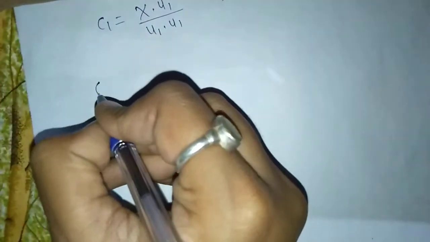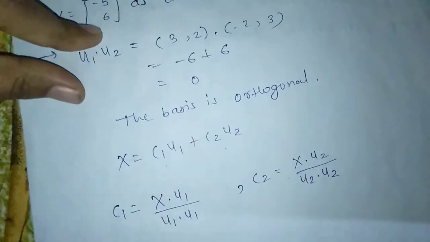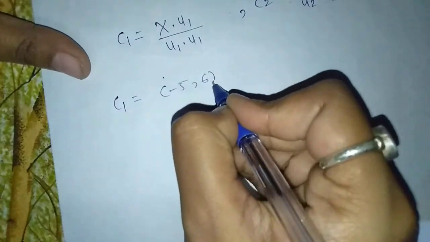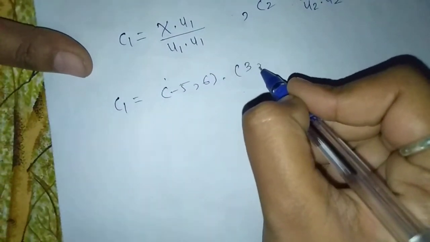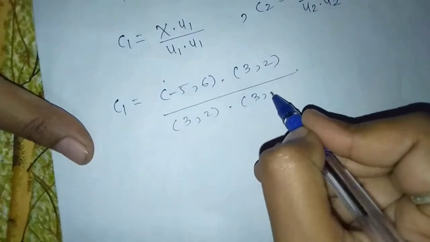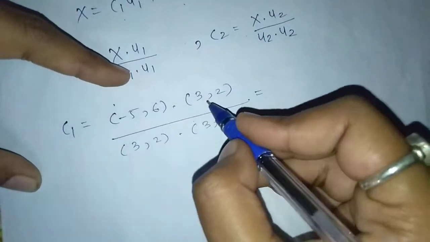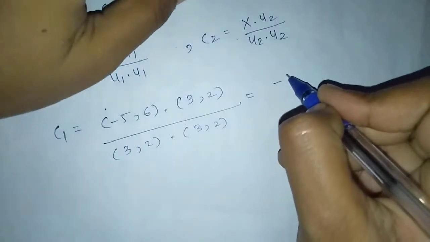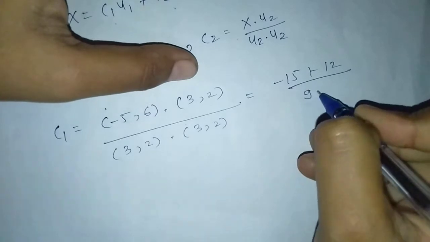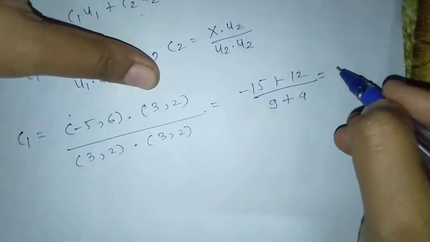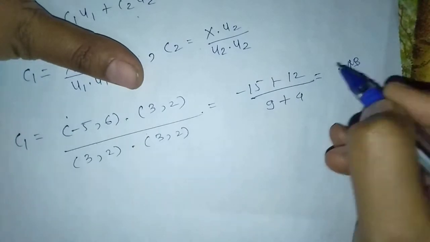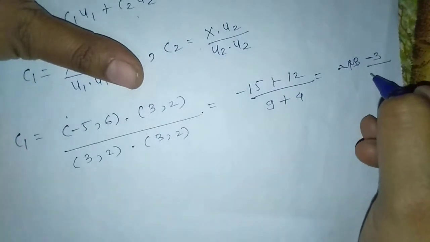So first calculate c1. x is (-5, 6) dot u1 is (3, 2) upon (3, 2) dot (3, 2) is equal to -5 into 3, that is -15, plus 6 into 2, that is 12, upon 9 plus 4, equal to -3 upon 13.